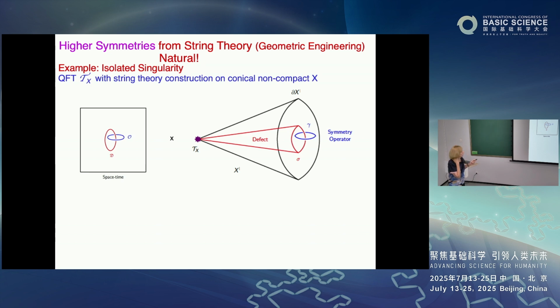So the prototype examples of isolated singularities would be construction on a conical non-compact space, where at the tip of the cone, the singularity signifies the appearance of quantum field theory in the dual space.